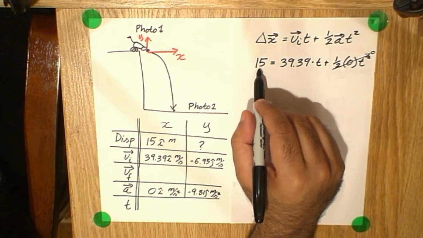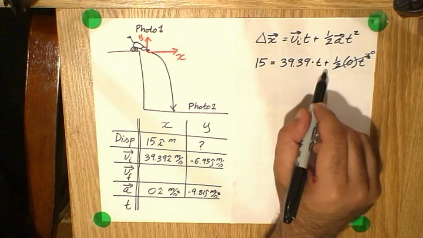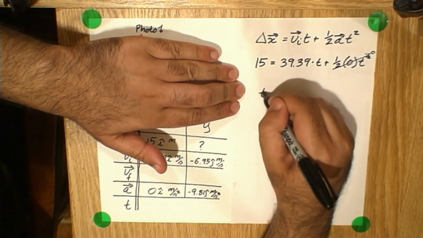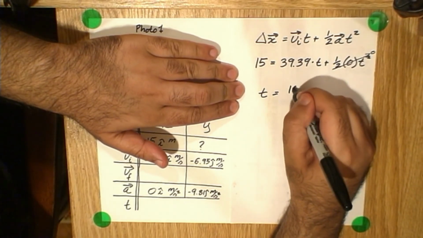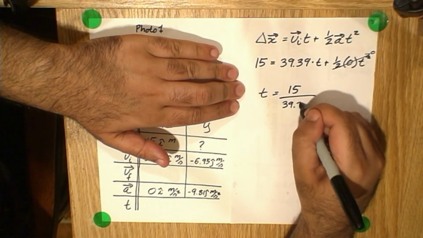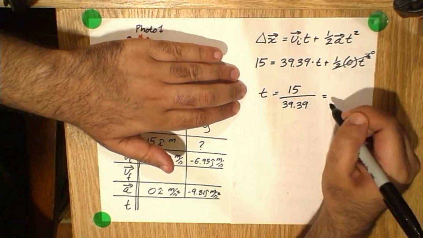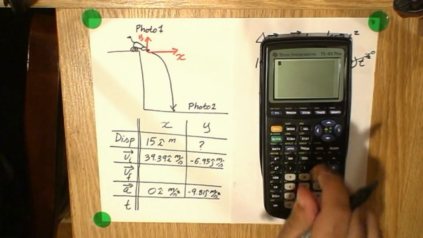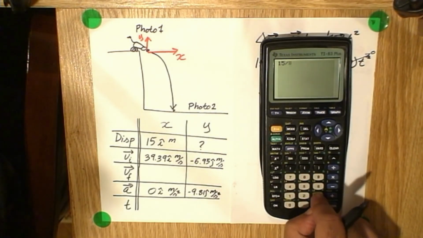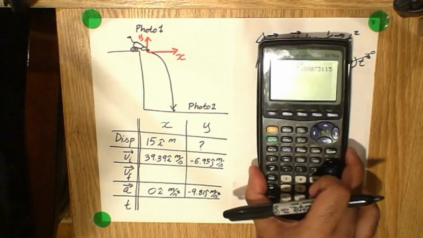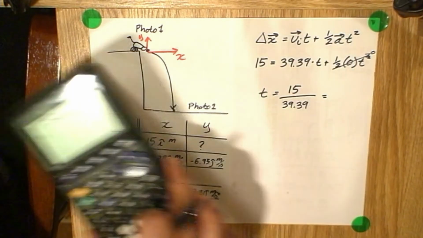So we're left with 15 is equal to 39.39 times t, or dividing both sides by 39.39, we get 15 divided by 39.39, or 0.380 seconds.